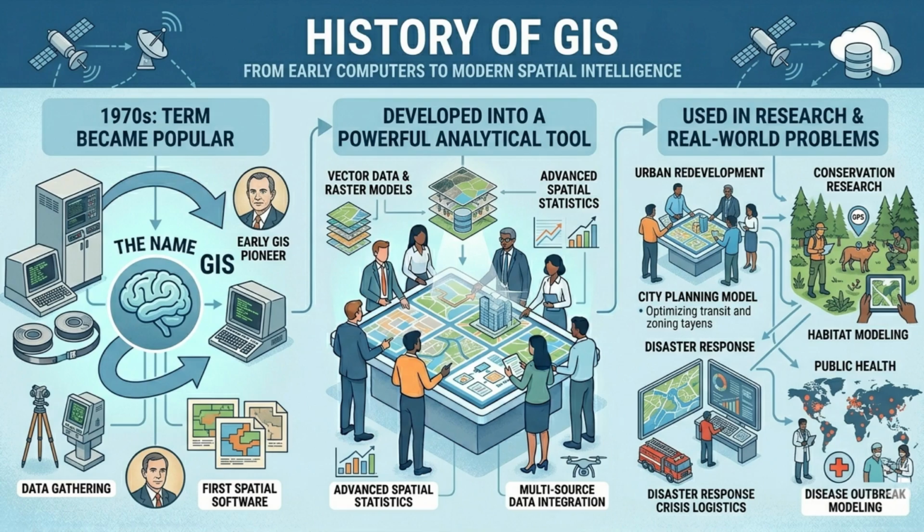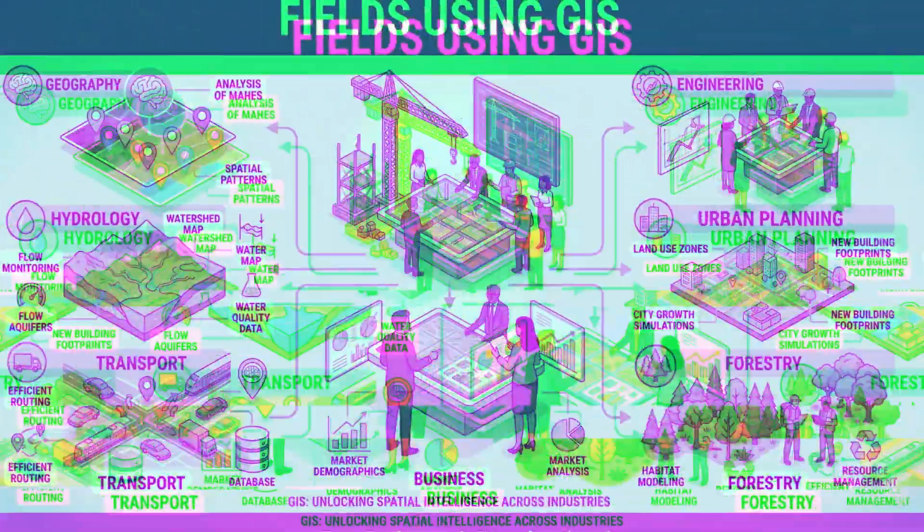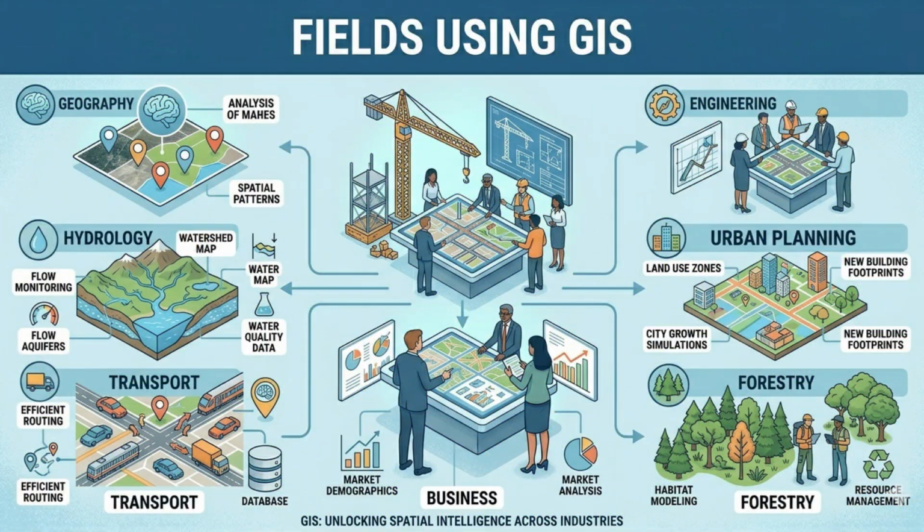History. The term GIS, which stands for Geographic Information System, became popular around the 1970s. Since then, it has developed rapidly and has become one of the most powerful analytical tools used in research and many practical applications today. Fields using GIS.